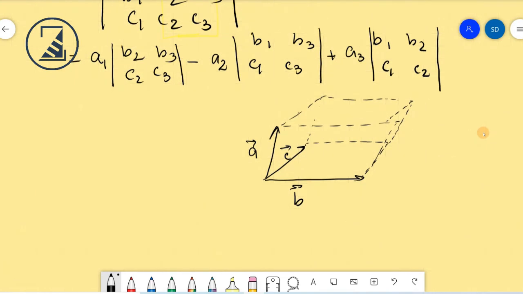Now let's try to compute volume in a different way. Let's draw a perpendicular from this point onto this plane, and let A make an angle theta.